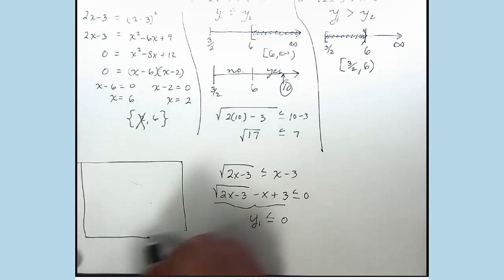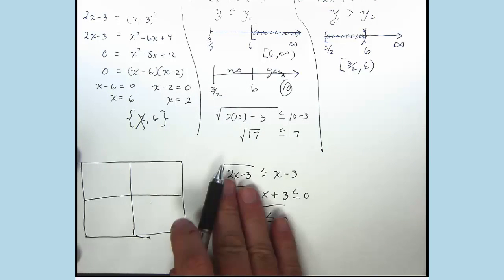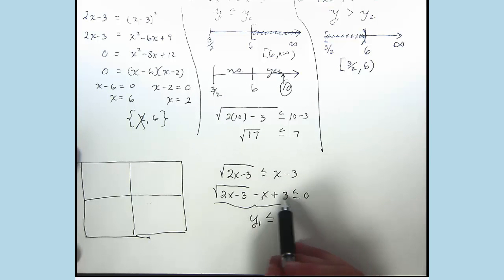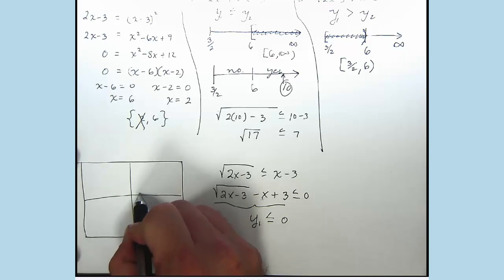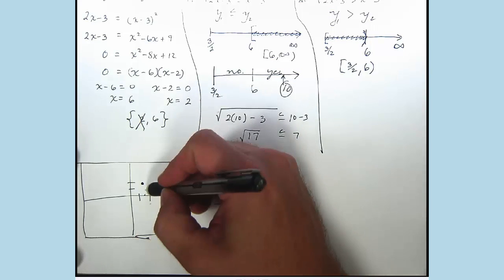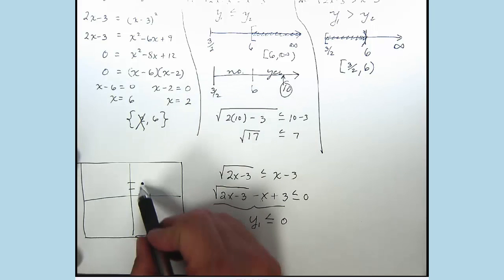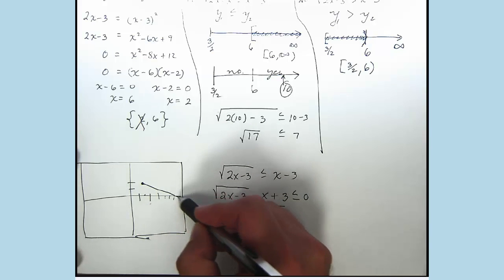When you plug this in your calculator, you will get a graph. And that graph, I will tell you, I think it would start at, when this is 3/2, this is 0. Negative 3/2 plus 3 would be at 1.5. So 3/2, it would be at 1.5. So it would start up here, and then the graph would be going down, and at 6 it would go through.